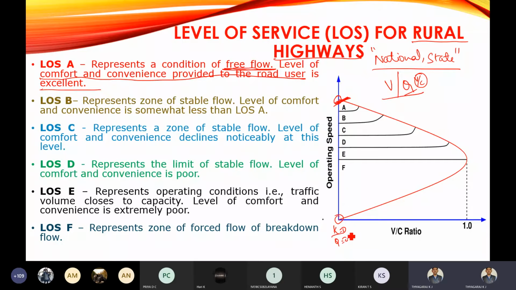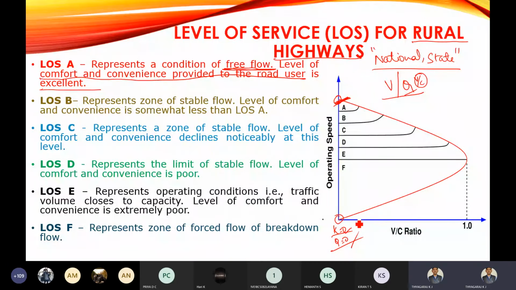Why? Because there will be no vehicles on the road and you will be moving at 100 kmph. That's why the comfort and convenience is excellent.